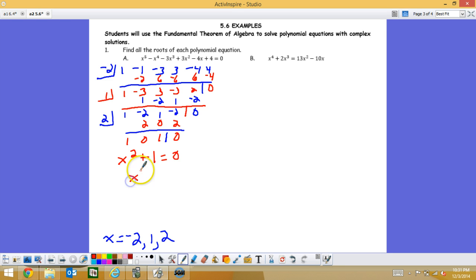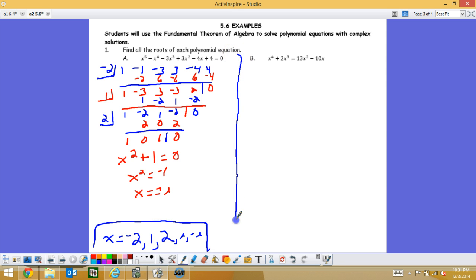And solving this for x, x squared is equal to negative 1, so x is plus or minus i. So the last two roots of this equation, of which we should have 5 by the fundamental theorem of algebra, are positive i and negative i. And there are our 5 roots for that equation.